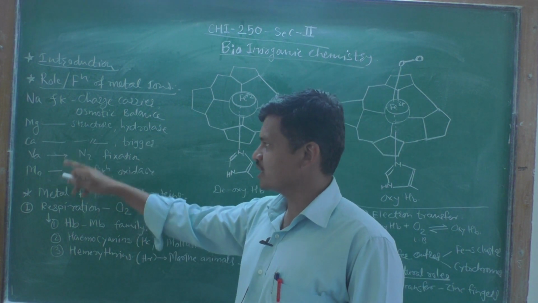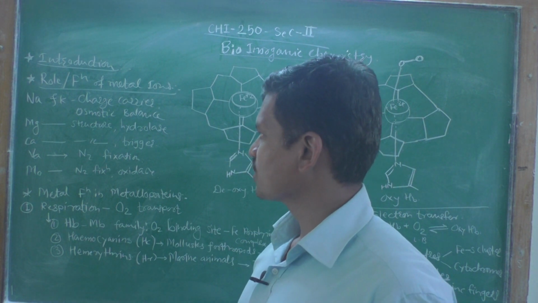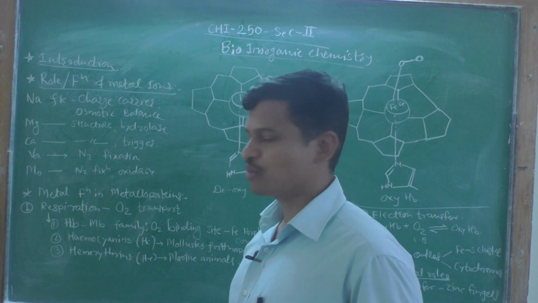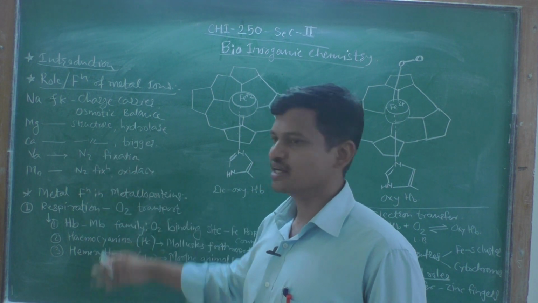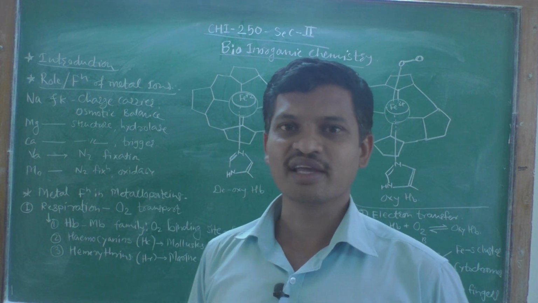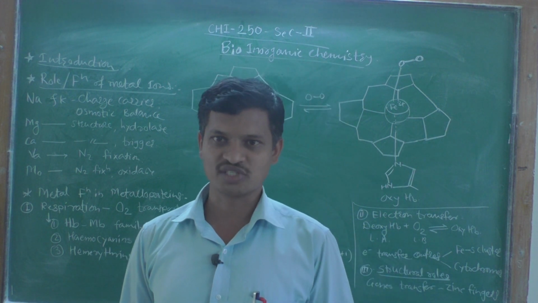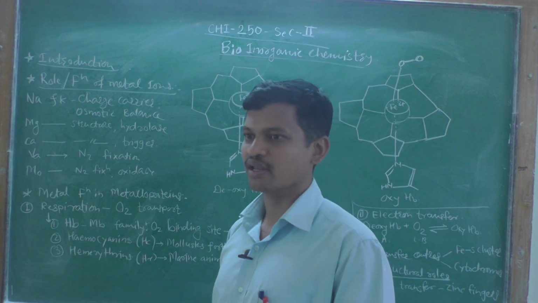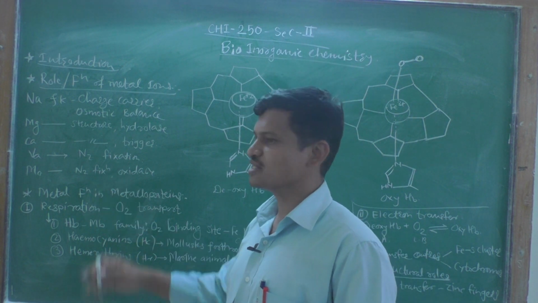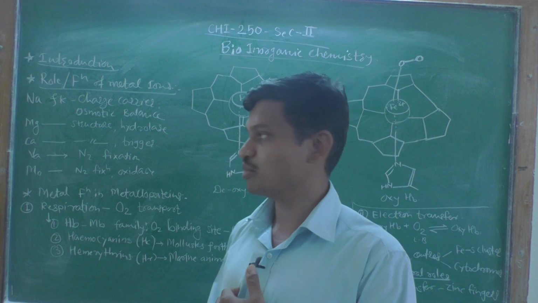Then the next element is calcium. It also plays a role in structural transformation, and it acts as a trigger in different physiological processes. Trigger means that to start or begin that process, calcium ion concentration is a must.